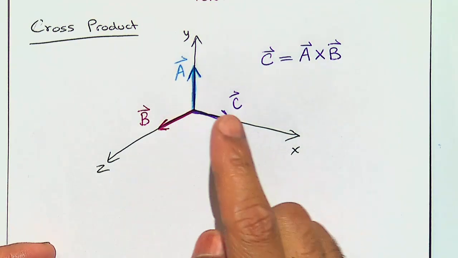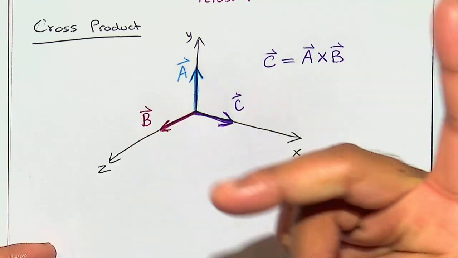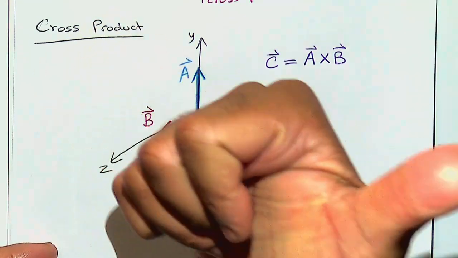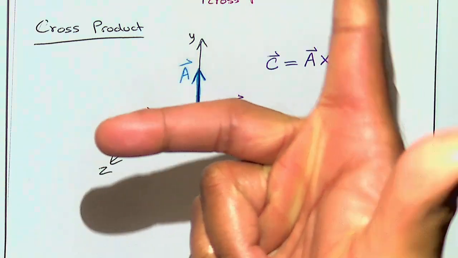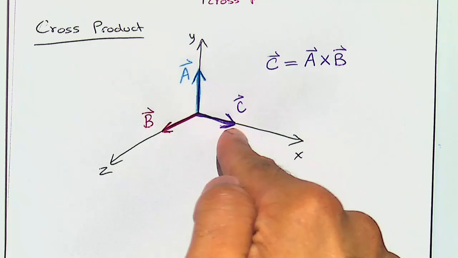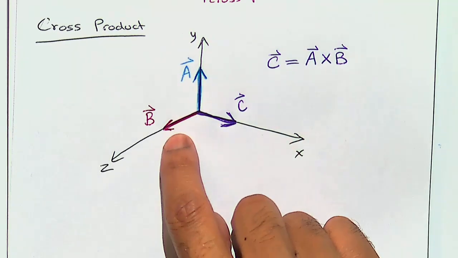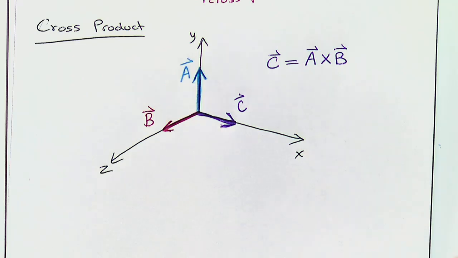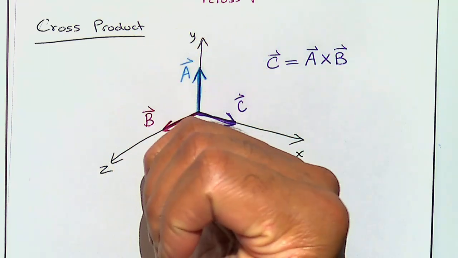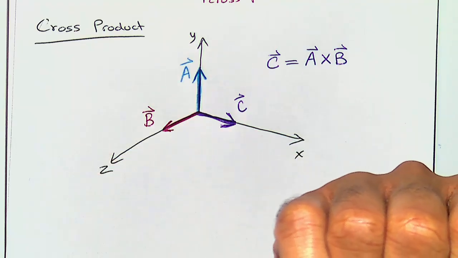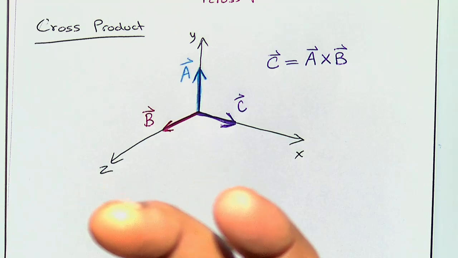Then point your index finger in the direction of A, point your middle finger in the direction of B, and if you're holding your fingers steady, remember they have to be 90 degrees to each other, you should point your thumb in the direction of C, which is both perpendicular to A and B, okay? Alternatively, you can use the curling finger method. So A curl towards B will give you where C is. So you know where C is by using this thing called the right-hand rule. Otherwise, you wouldn't know where C is.